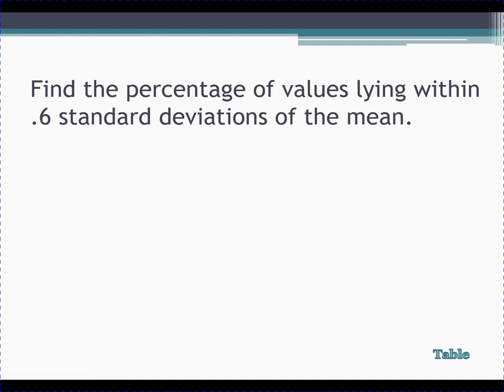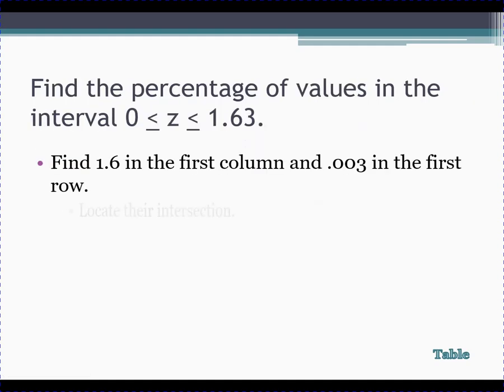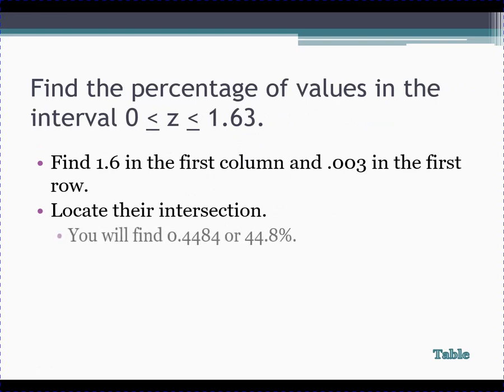We want to locate their intersection, which was that 0.4484, which is 44.84%. So the percentage that lie between 0 and 1.63 standard deviations above the mean is 0.44, or 44%.